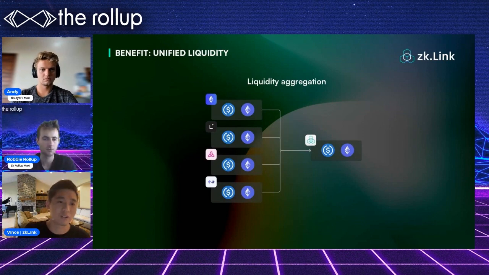They are Ether locked in the smart contracts on Ethereum and enter the layer 2s from Ethereum layer 1. And then these Ethers can enter zkLink layer 3, and they will be merged so that the total sum of the tokens will be strictly equivalent to the tokens locked in the smart contract on layer 1 ultimately, right? So we don't need to differentiate this Ether from different layer 2s. It's the same for stables.